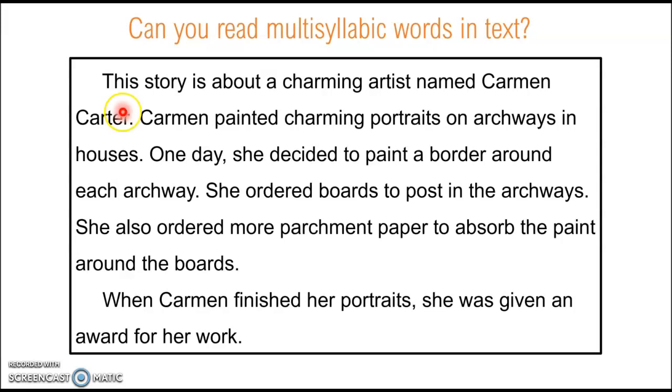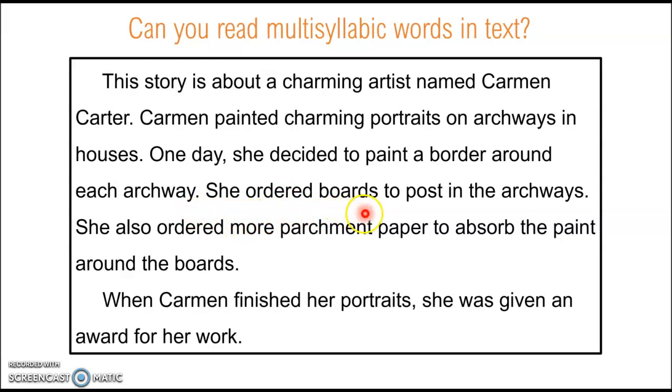Here we go. This story is about a charming artist named Carmen Carter. Carmen painted charming portraits on archways and houses. One day, she decided to paint a border around each archway.